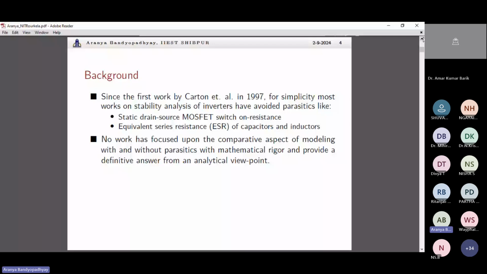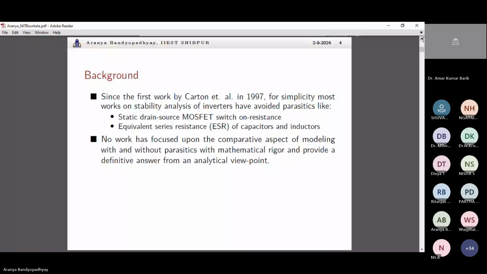In doing so, you will avoid things like the static drain-source MOSFET switch-on resistance, the equivalent series resistance of the capacitor, or the DC resistance of the inductor. And the problem is that by doing so, what are you missing?